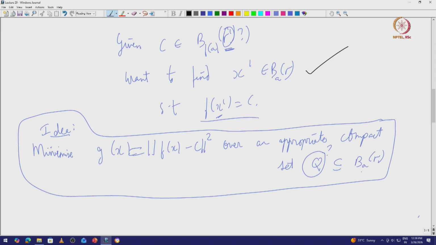So far we have found a small enough neighborhood around A so that f is 1-to-1 on that neighborhood, and the image of this neighborhood is an open ball around f of A. Okay.